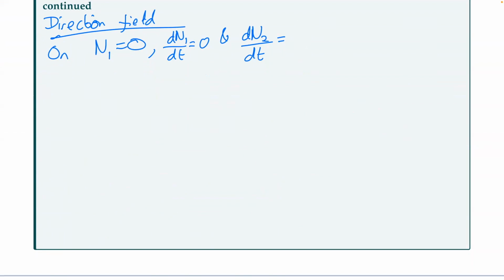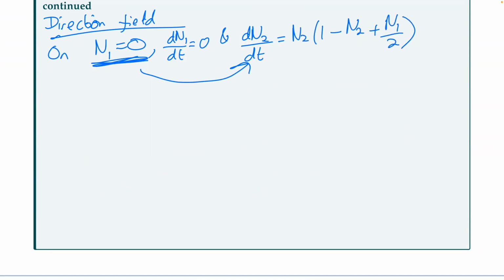So all I do is I substitute this equation here, whatever it is, into this equation for dn2 dt. So we know dn2 dt is equal to n2 times (1 minus n2 plus n1 over 2). Now here you might have an equation for n1 and n2 that you're substituting in, and here you'll be eliminating one of these variables. In this case, there's just an n1.